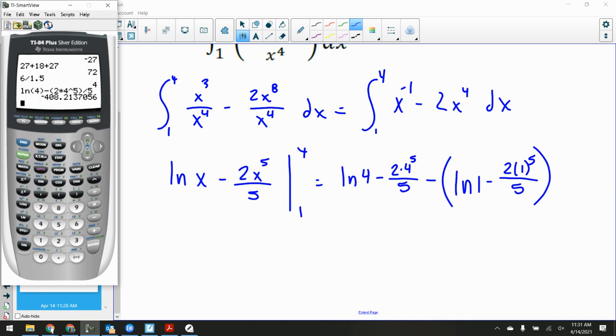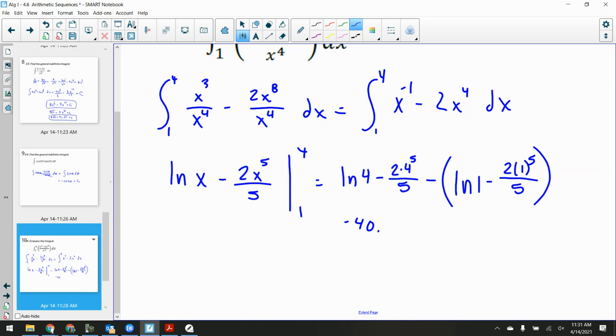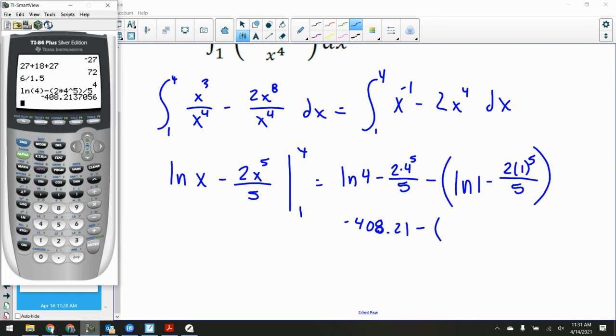Negative 408.21. Now we've got ln of 1, close parenthesis, minus 2 times 1 to the 5th. 1 to the 5th is just 1, right? So 2 times 1, or 2 fifths, which is negative 0.4.